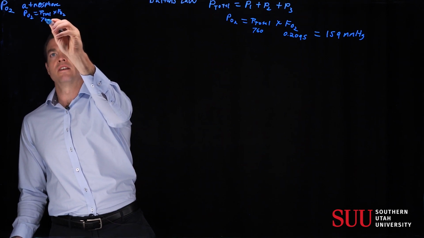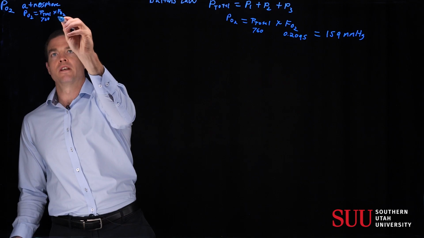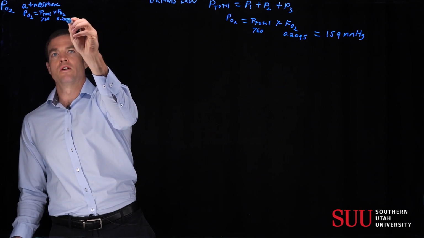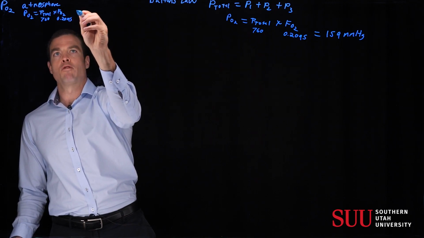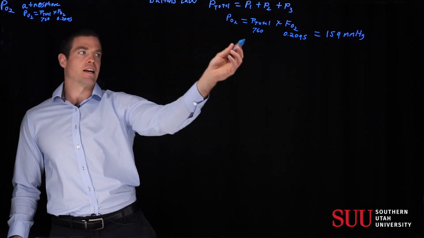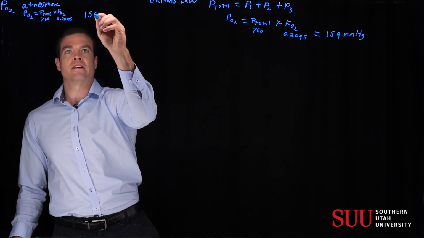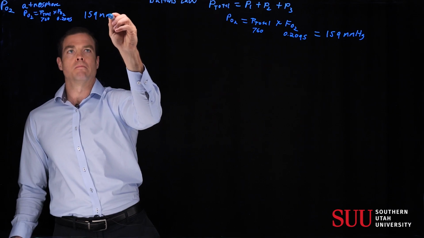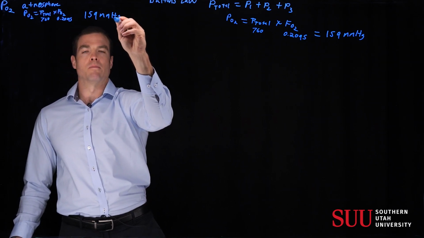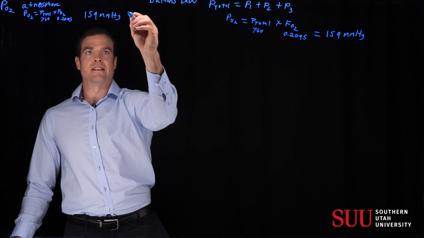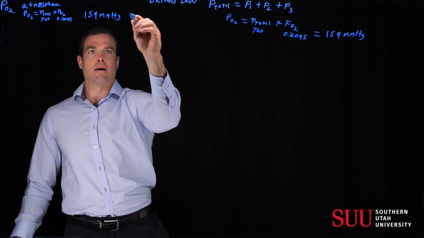So that's 760 times 0.2095. And when we do that, we get our 159 millimeters of mercury. And this is atmosphere.